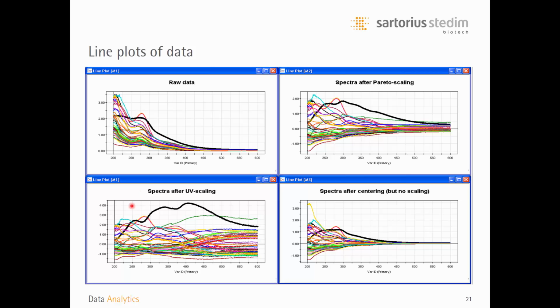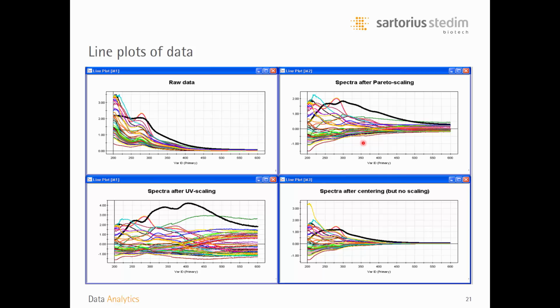If we are using unit variance scaling of the data, meaning that we are compressing the peak and augmenting the baseline variability region, we can see how this spectrum stands out after UV scaling. So the risk of UV scaling to blow up noisy regions is evident in this plot, and this sort of scaling would also emphasize the deviating properties of the Japanese rum.